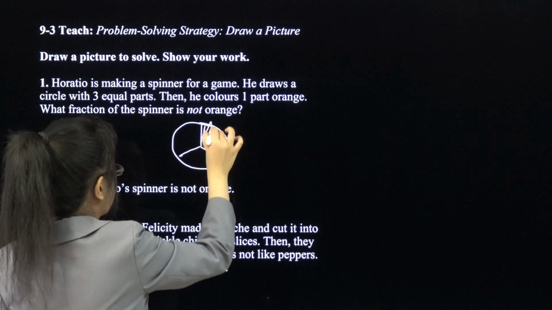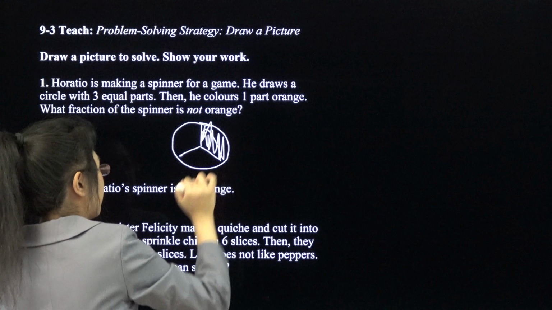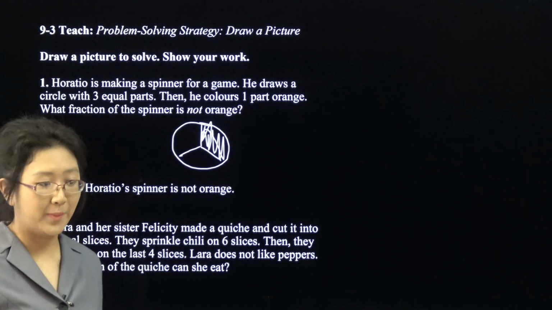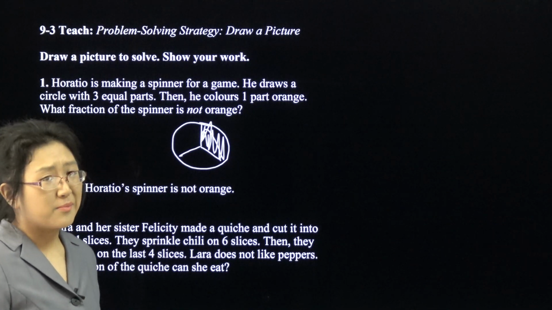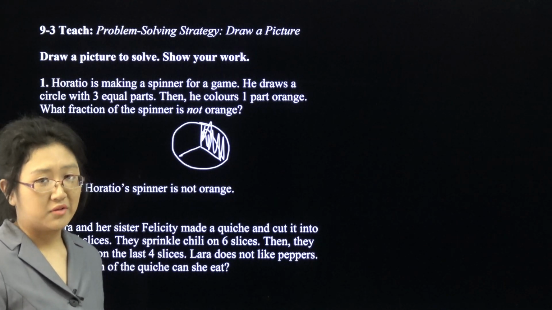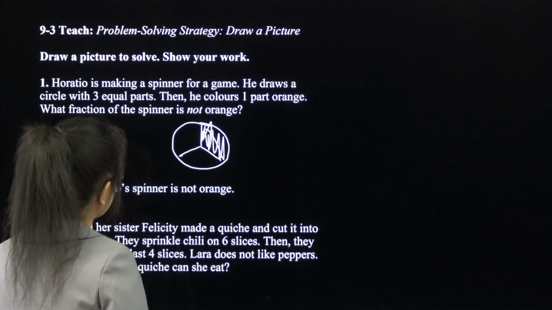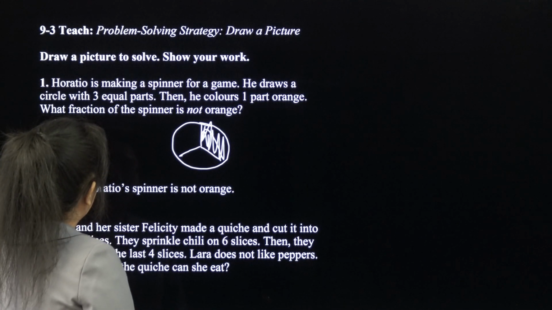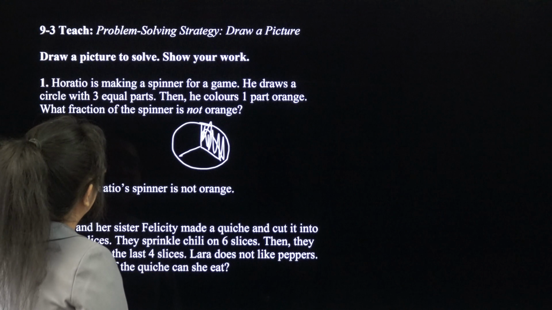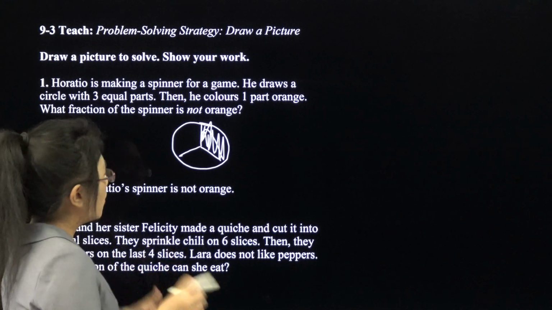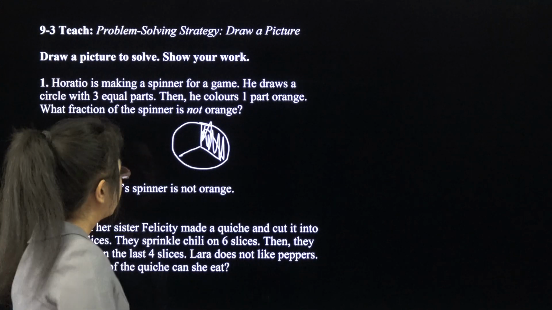So let's color 1 part. It doesn't have to be orange, because a lot of the kids that I knew back in the day didn't bring colored pencils to school, or colored really anything.